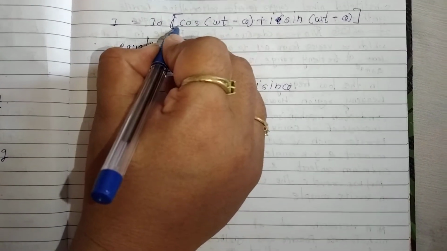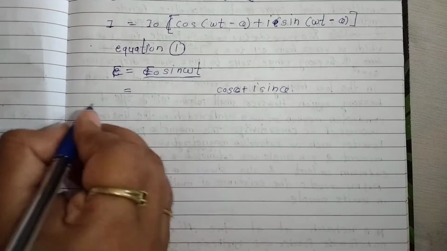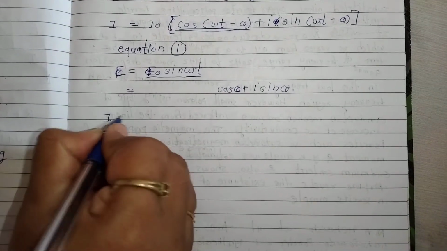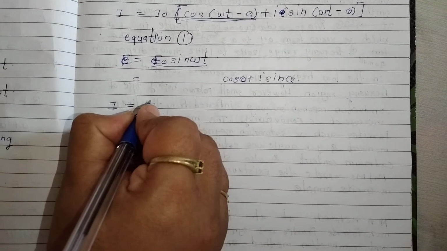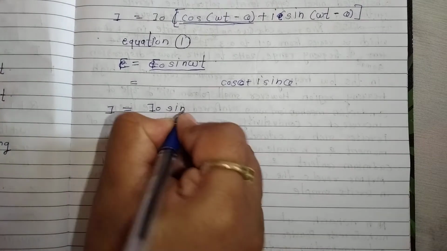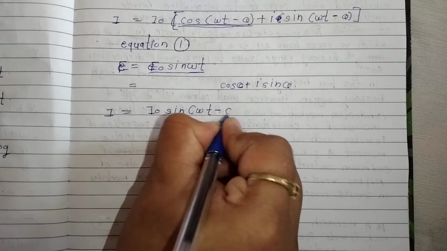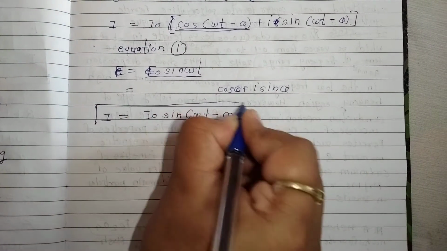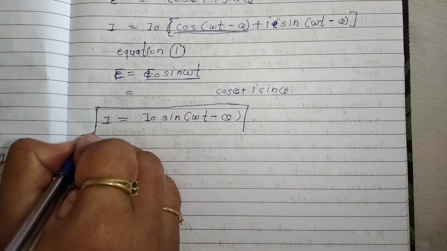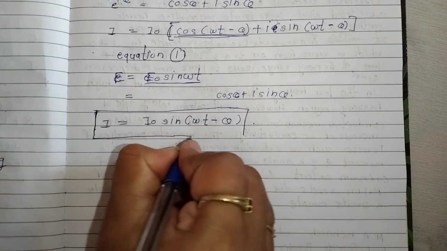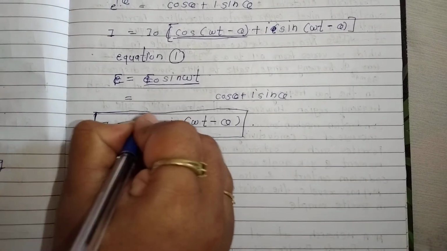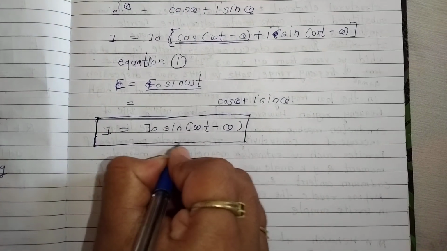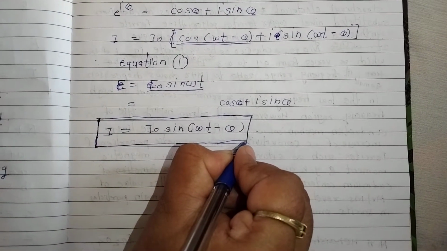So we also take only the imaginary part in the current equation, and the real part will be absent. So I is equal to I0 sin(omega t minus theta). This is the equation representing the current flowing through the series LCR circuit.